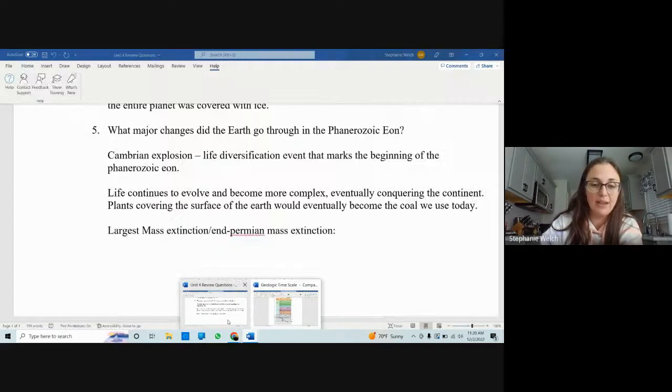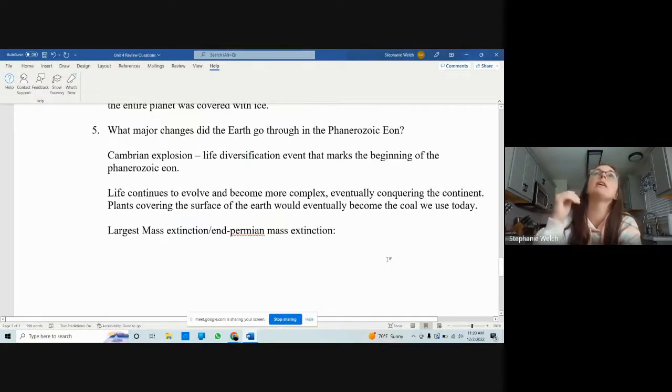This defines the end of the Paleozoic and the beginning of the Mesozoic.